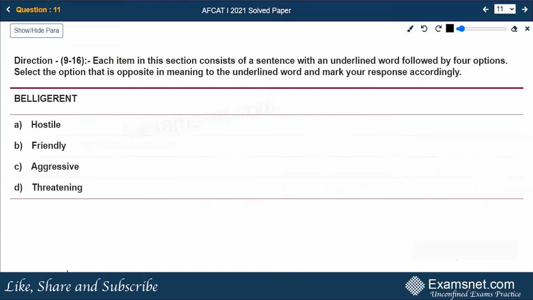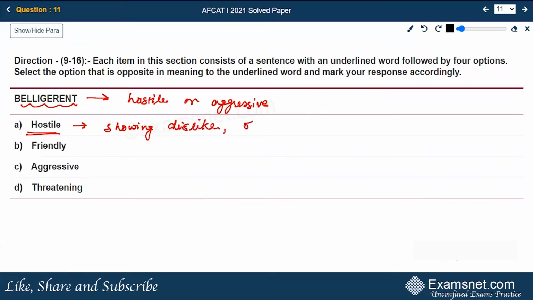Next, question number 11. Belligerent. This word means to be hostile or aggressive. Hostile, you know this, showing a dislike or unfriendly behavior or some opposition. Friendly means to be in the state of being friends.